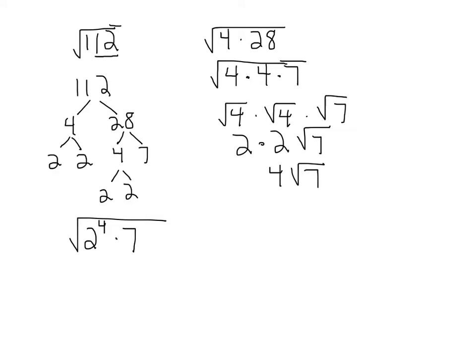As we did with the rational square roots, this is a perfect square because it has an even exponent. The square root of it is half of that exponent. So this is like saying 2 squared times the square root of 7, because this 7 can't be simplified. So that's another way to get 4 root 7.